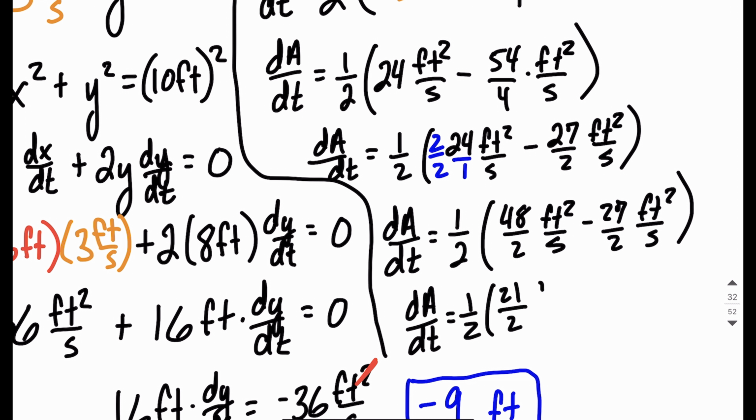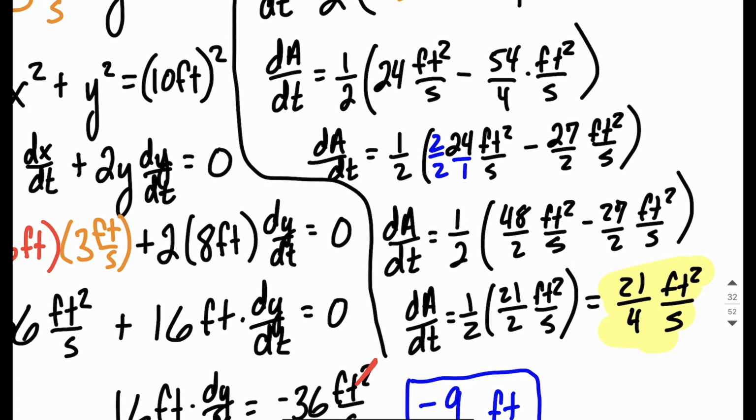Keep the common denominator, feet squared per second. And then multiply that 1/2 to the inside. We get 21 over 4 feet squared per second as our final answer for exactly how the area of this triangle is changing.